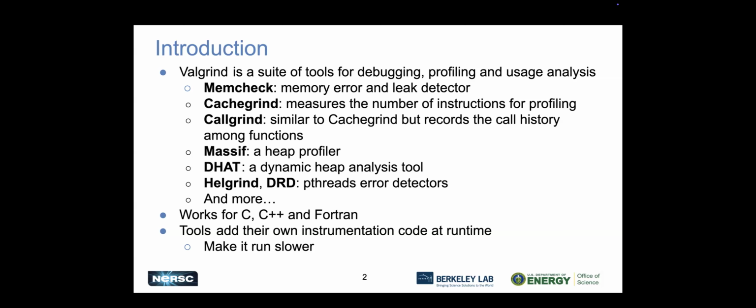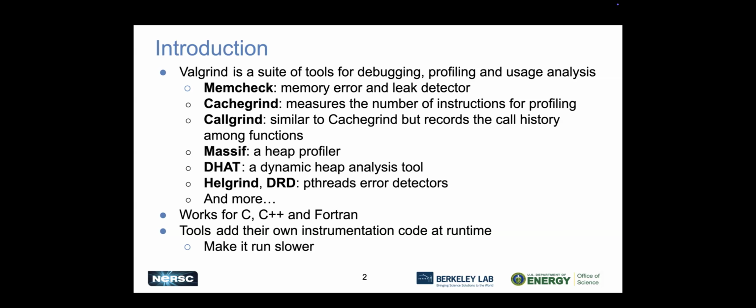This is to measure the number of instructions as a proxy for runtime when you are profiling your code. It does mimic the cache usage, but the manual these days says not to rely on that. So probably the main usage should be profiling your code in terms of executed instructions.